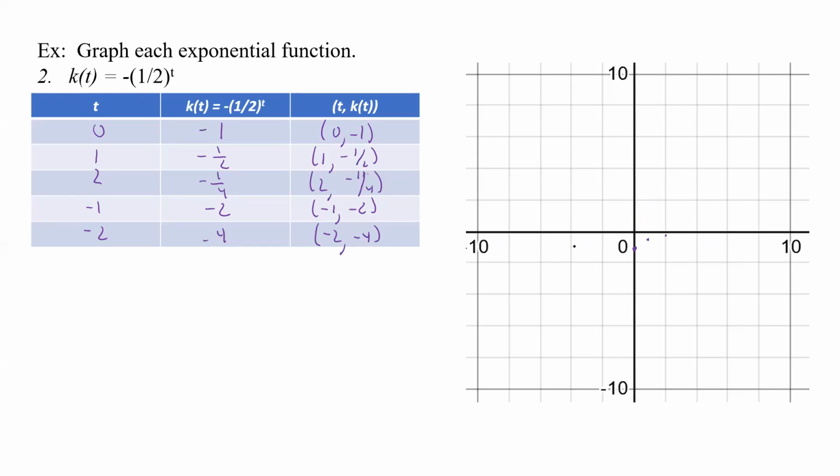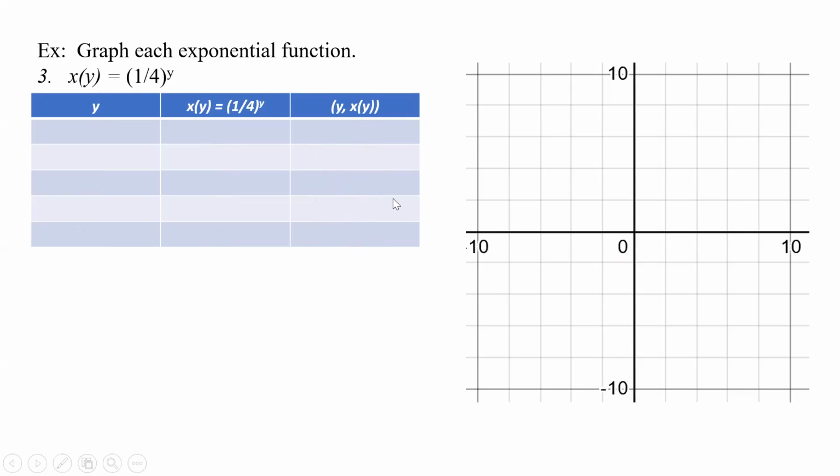And then we have -1, -2, and -2, -4. And so now what we have is a graph that's increasing. And again, it's not going to ever touch the x-axis. It's just going to get really close. And so it's going to look something like that.